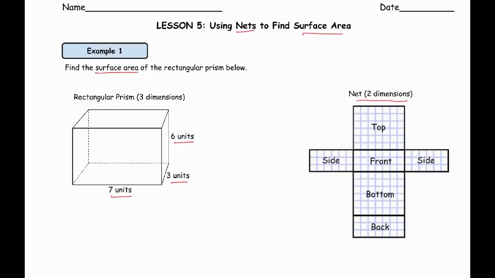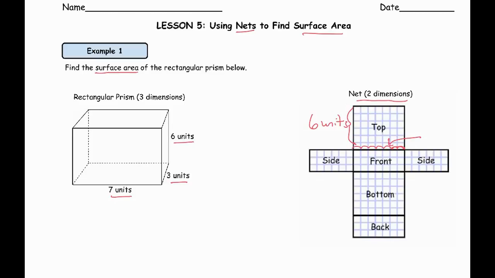And so I'm going to do some labeling on my net to help me. I'm going to count right here, 1, 2, 3, 4, 5, 6. There's our 6 units. And I might as well count 1, 2, 3, 4, 5, 6, 7.